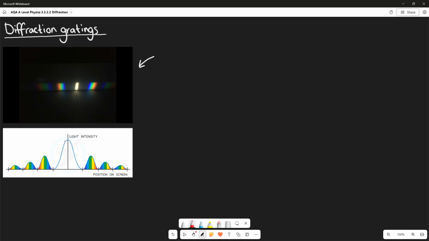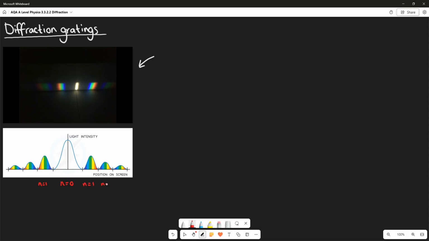We see the white light in the central maxima, and then the blue is diffracted the least, and the red is diffracted the most within that first maxima. So again, we're talking about n equals 0 and n equals 1, and it's mirrored on the other side.